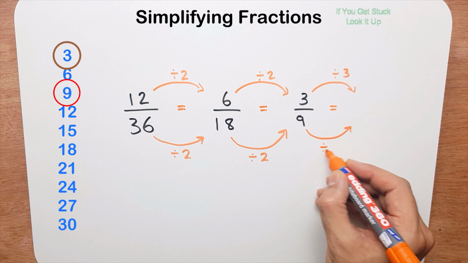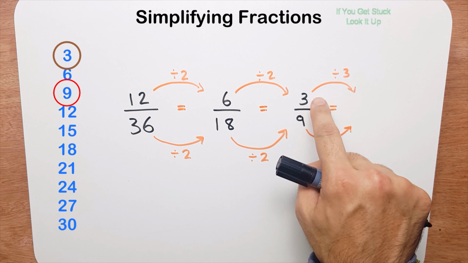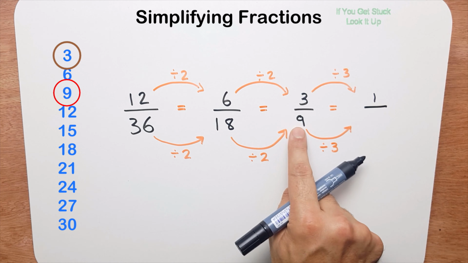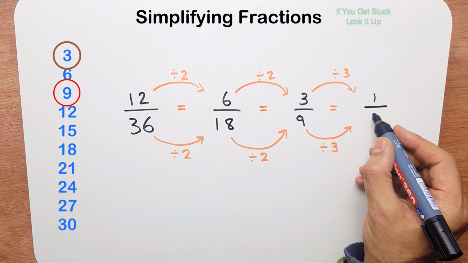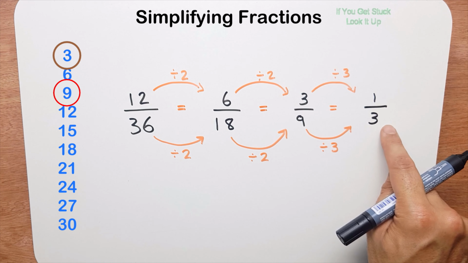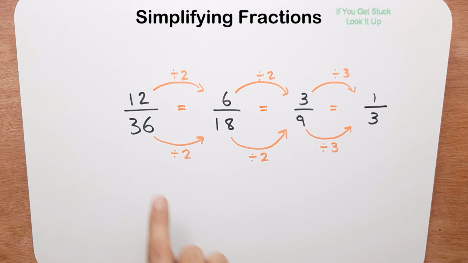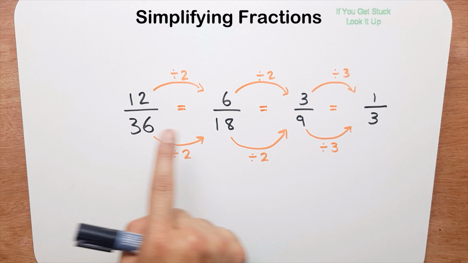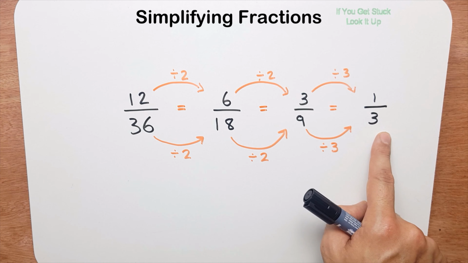So I'm going to divide that by 3 as well. 3 divided by 3 is 1. 9 divided by 3 is 3. So now I have 1/3. I can't simplify that any further. So I can say 12 36ths has been simplified to 1/3.